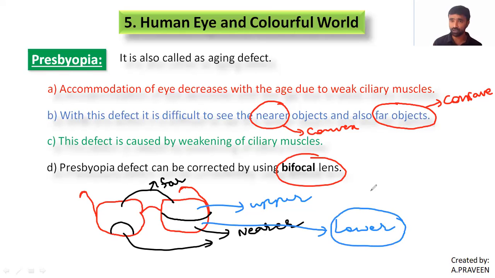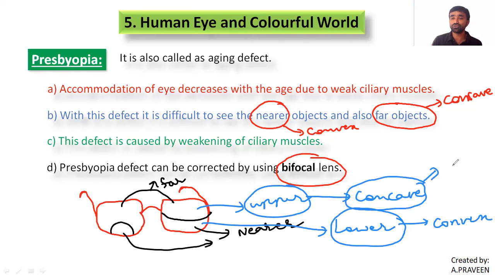Will it be concave or convex? That lower portion helps us to see the nearer objects. So nearer objects' images will be shown by the convex lens. So the lower portion is generally convex lens and the upper portion will be concave lens to see the far objects.